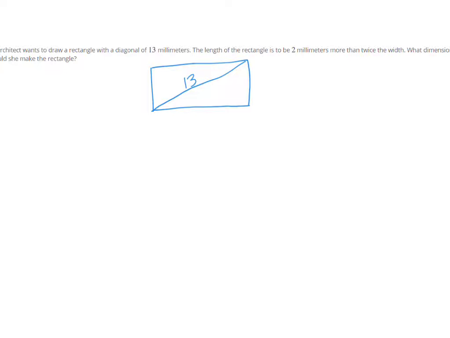Now, it's talking about the length, and they're comparing it to the width. The length of the rectangle is 2 more than twice the width, except I don't know what the width is. It doesn't tell me the width. But since that's what I'm comparing it to, I'm going to call the width W. And then I'm going to look at this statement one more time. The length, so that's this measurement here.